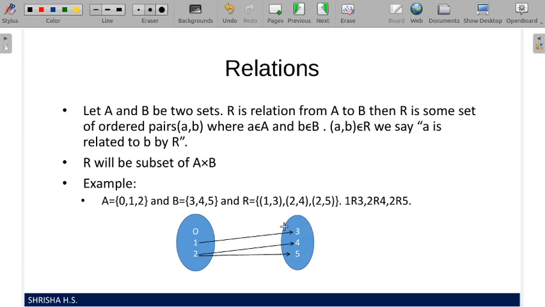We can also draw a relation diagram. 0, 1, 2 are from set A, and 3, 4, 5 are from set B. 0 does not relate to anyone. 1 to 3, with a directed line, not an undirected one. Then 2 to 4 and 2 to 5. We are already familiar with relations and we are just brushing up what we studied in previous years.